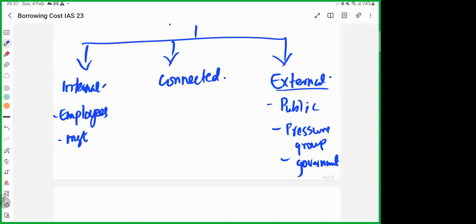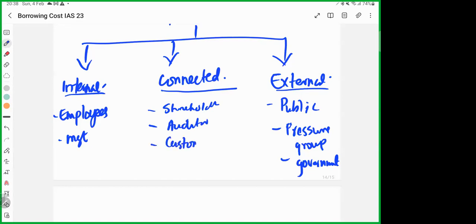If you list every other group, they will fall into connected: shareholders, then auditors, then customers, suppliers, finance providers like Mr. Haitam.